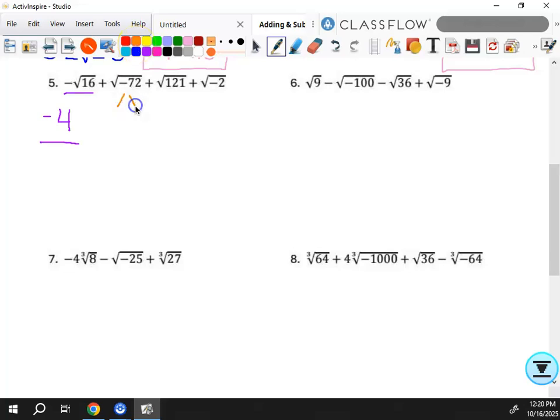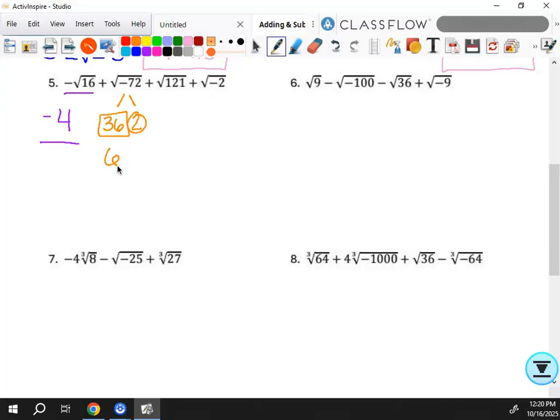72. I can break that into, I'm just going to go ahead and tell you, 36 and 2. So I can shorten it some. Again, if you don't recognize that, you do the tree. It's totally fine. So the square root of 36 is what? 6.